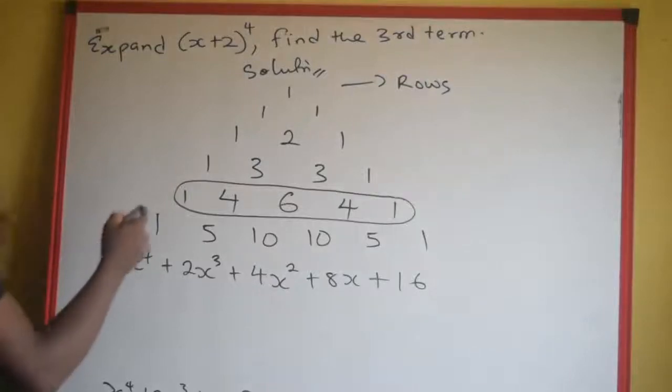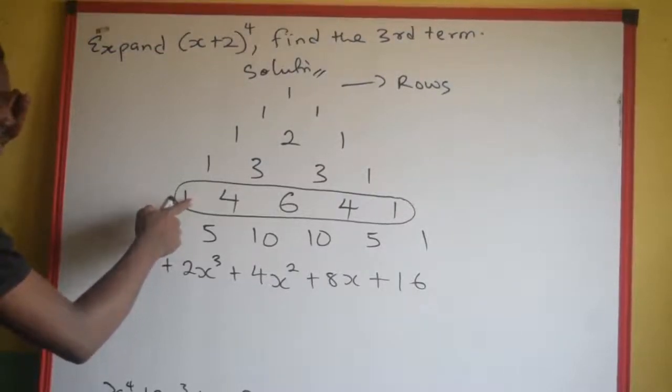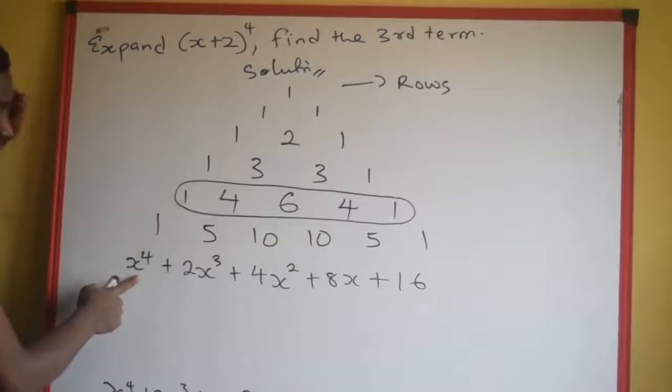Now what is here is 1. We take this 1 to multiply this.